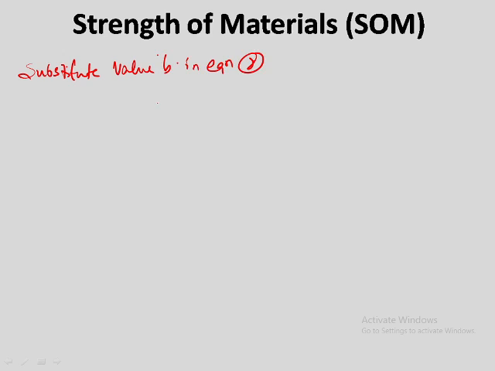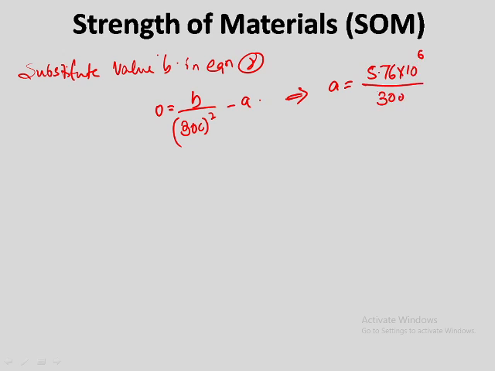So 0 equal to B divided by 300 square minus A, so A equal to B, which is 5.76 into 10 to the power of 6, divided by 300 square.